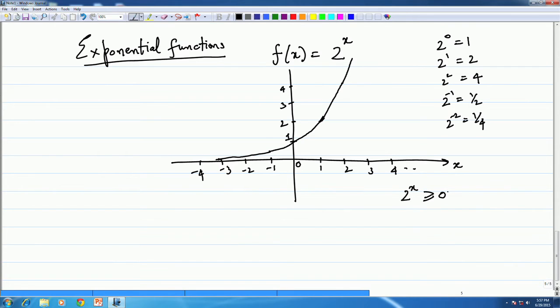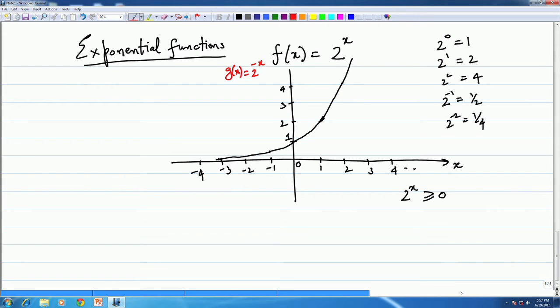Another interesting function which you might see is, let us say, maybe I should use a red color for this. You might want to look at let us say g of x, which is 2 power minus x. Okay. How will 2 power minus x look? You can go through the calculation. It is basically going to be a flipped version of this 2 power x, right.